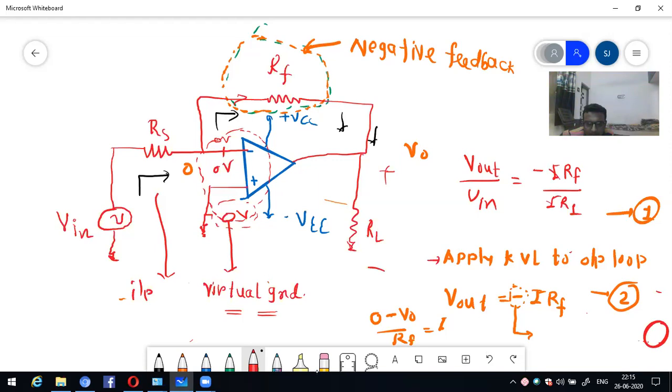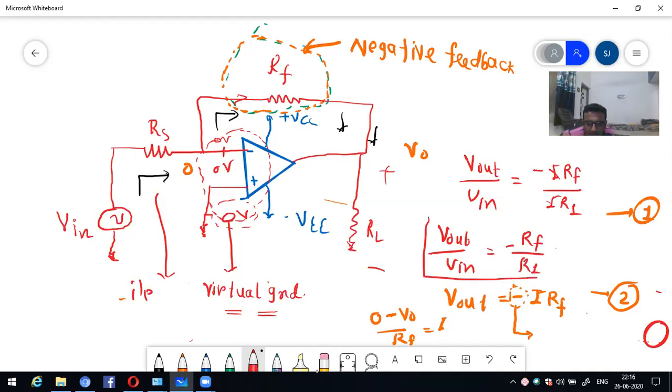I cancels. So here we can say Vout divided by Vin equal to minus Rf by R1, which is known as the gain of the inverting amplifier.